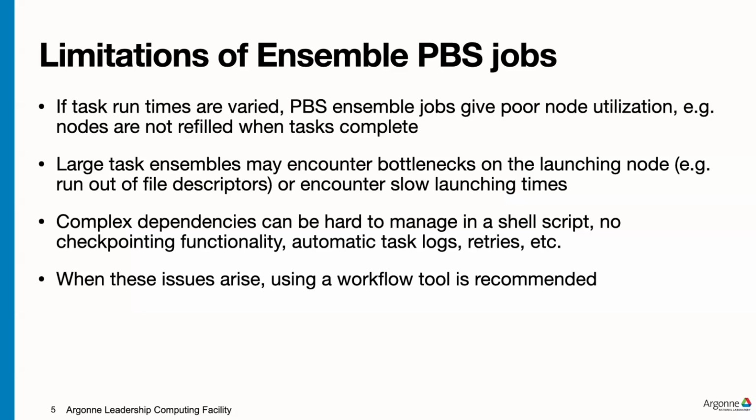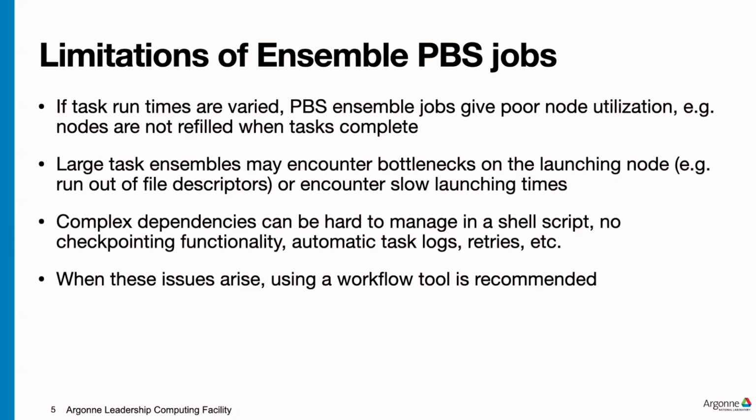So one thing to point out is if your task run times vary, say you have an ensemble where there's one task that takes twice as long as all the other tasks, what will happen? Well, the bulk of your tasks will complete, but this one long-running task will continue running. All the other nodes that the other tasks were running on will now be idle.